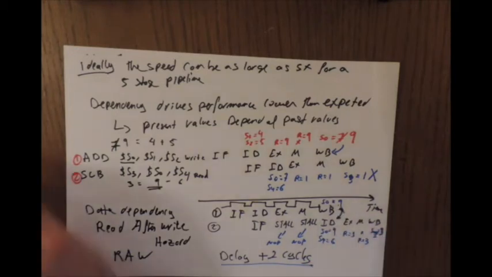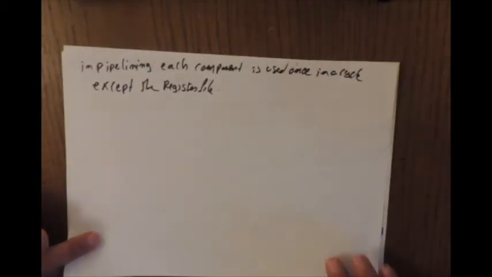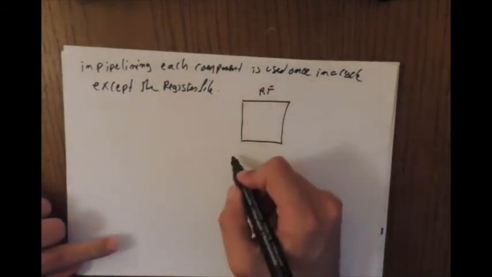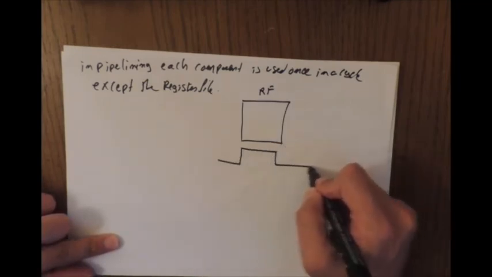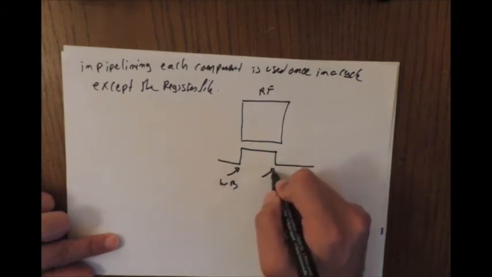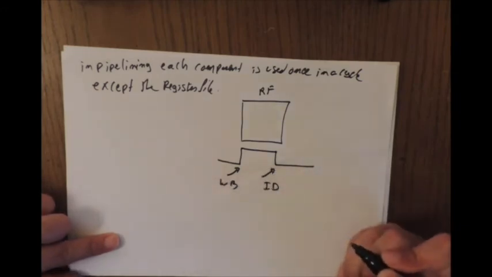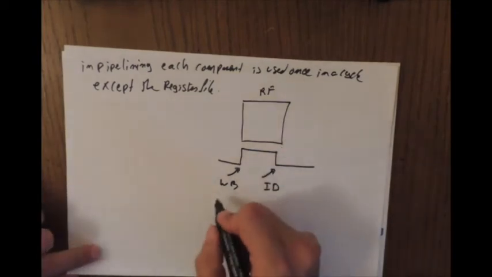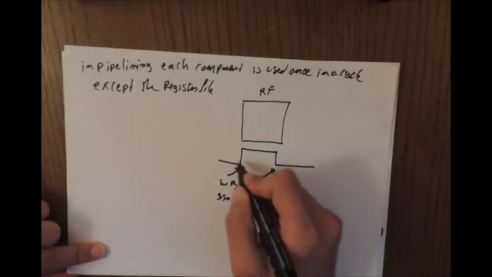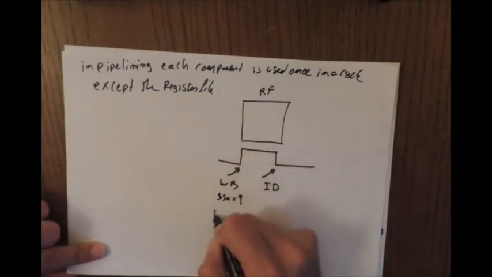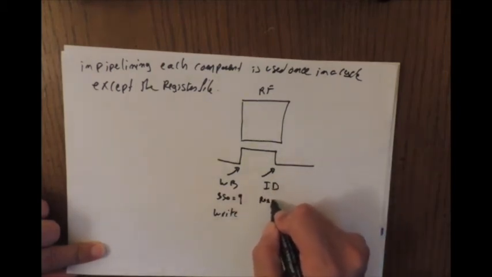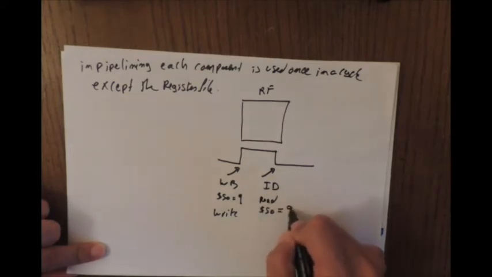And here I have the write back and ID. So they designed the register file in a way that, in this cycle, on the rising edge I will do write back, and on the falling edge I will do decode. So if I have S0 equal to 9, on the rising edge I will write, and on the falling edge I'm going to say, okay, now I can read S0 to the correct value, which is 9.